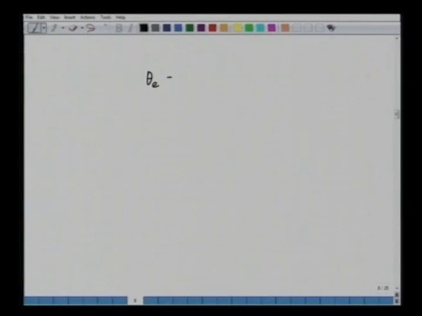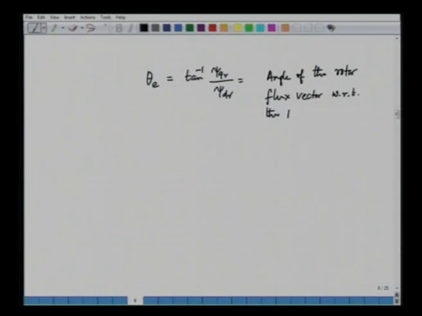So, we have to estimate the rotor flux, and as we know, the key to this is the following: we have to estimate this angle theta e, which is tan inverse of psi qr by psi dr. So, we have to find out this angle, and this is the angle of the rotor flux vector with respect to the phase A axis.